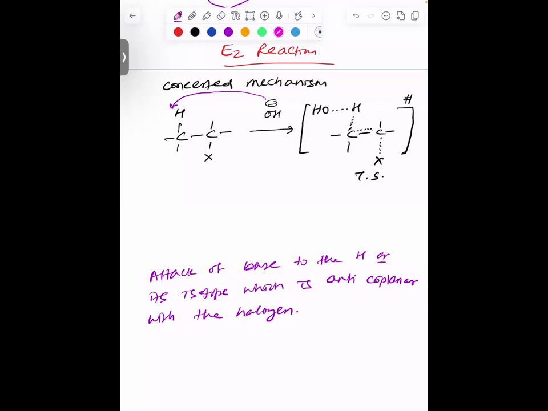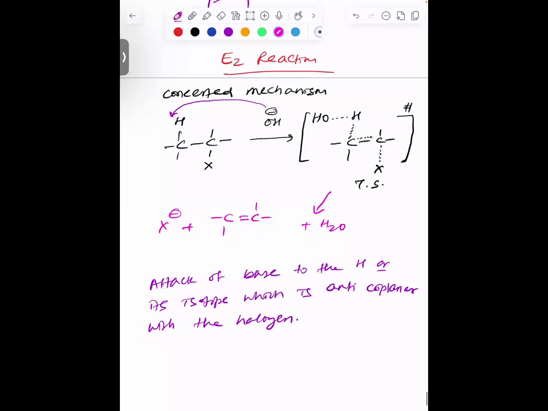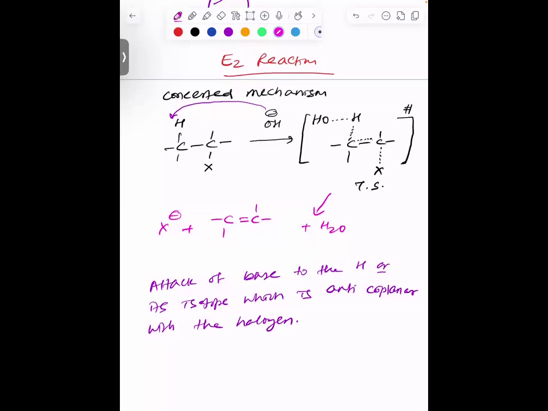The base picks up the hydrogen, then you can see a carbon-carbon double bond is formed, and the halide is released as the leaving group. Note down. Take 2 minutes and quickly note down the steps.